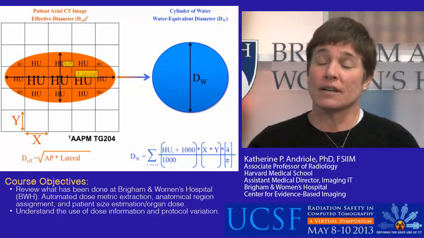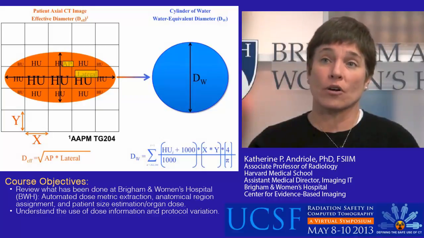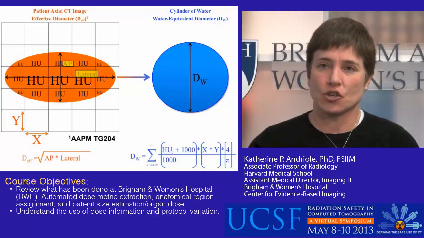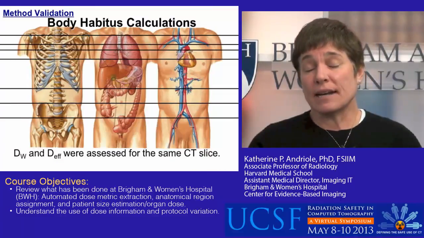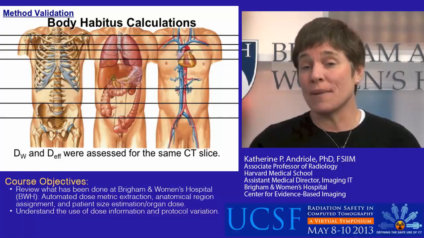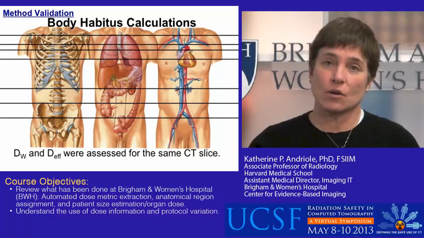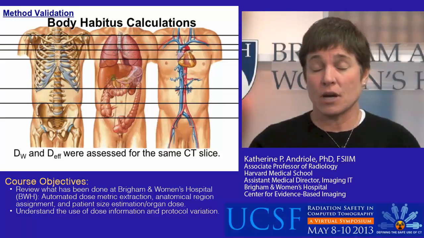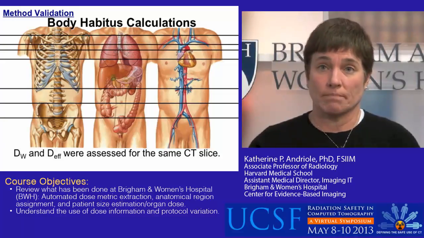Again, we're approximating the patient as a cylinder of water and looking at a water equivalent diameter, and the equation is shown there in blue. And then we validated our algorithm by comparing our metric against the effective diameter of the AAPM, and we did this at specific slice locations at anatomical landmarks such as the apex of the lung, the carina, the top of the iliac crest, and so on.